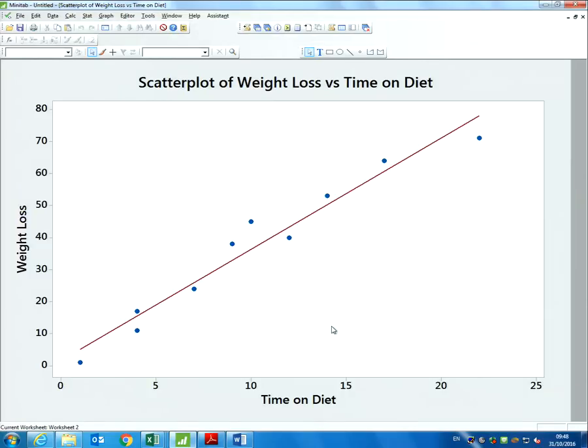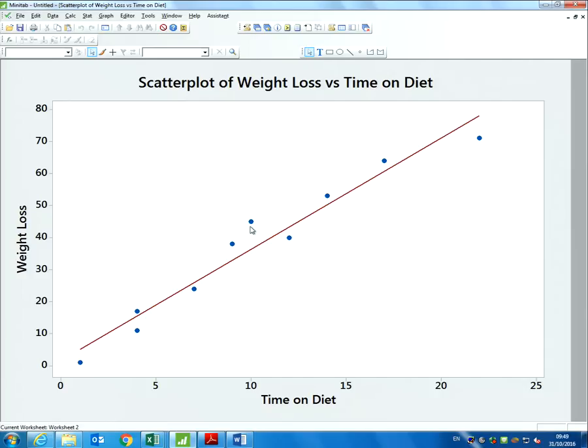Well, does anyone know what the word residual generally means in English? A residual would be what's left over. Now, what does it mean in regression analysis?